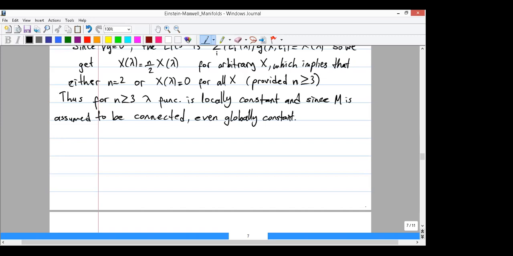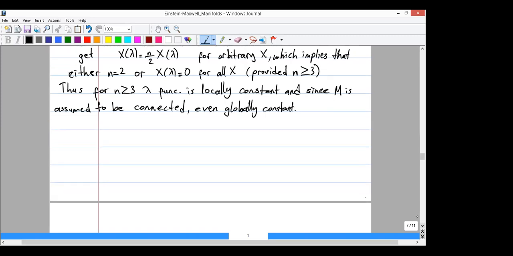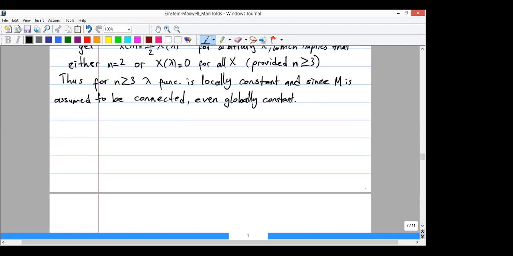That is understood. I guess in case n equals 3, the Ricci tensor alone determines the sectional curvature.